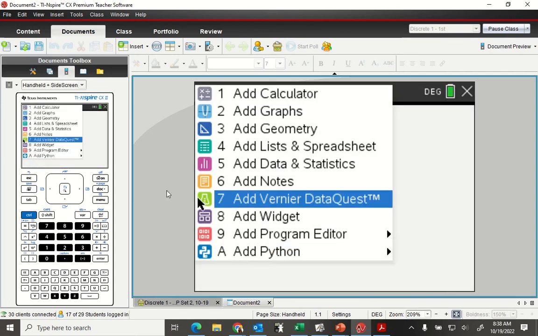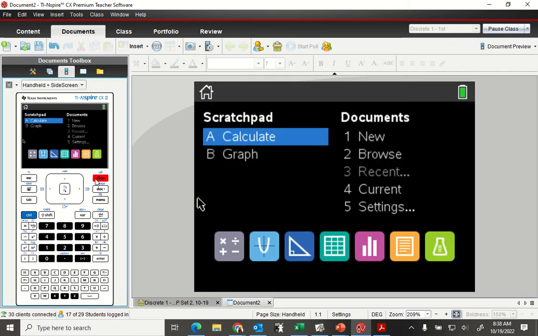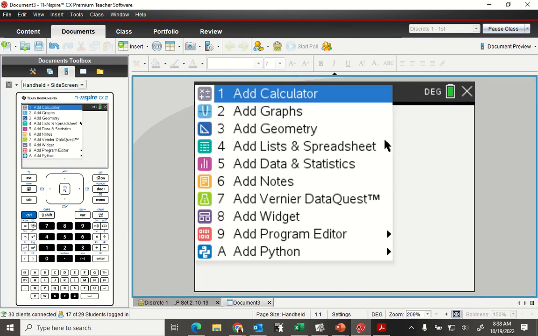For you guys, you're going to go home. I know you're writing these things down. You're going to start with home. Okay, we're doing new document. And where do you think I should go?